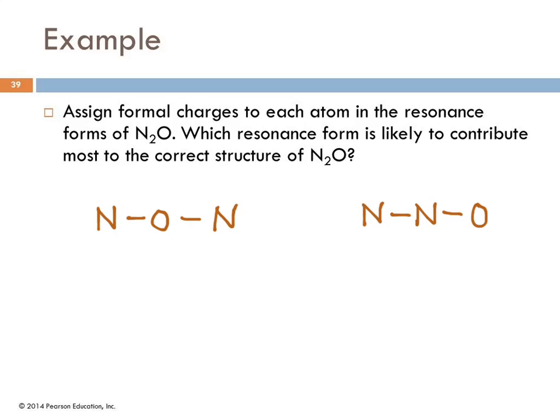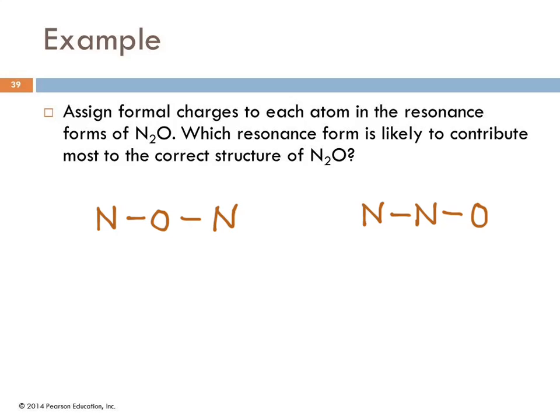How do we choose? Well, the rule of putting the more electronegative element on the outside might suggest that this is the correct one, but it's kind of iffy because that's not very symmetrical, and usually things are more symmetrical like that. So this is where formal charges really help. So let's finish out these Lewis structures.